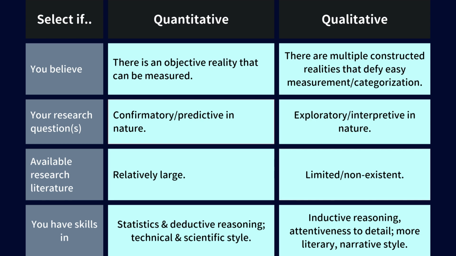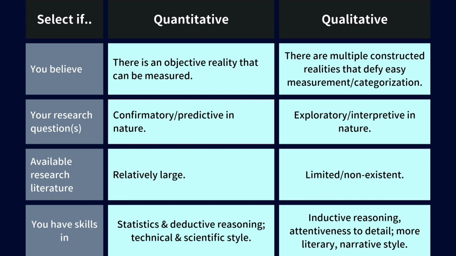It means that they have a theory that they want to test. Once they have tested the theory and have the findings, they want to know whether that particular finding is generalizable or not. It is true or not. So the way they write is more in a technical and scientific style.